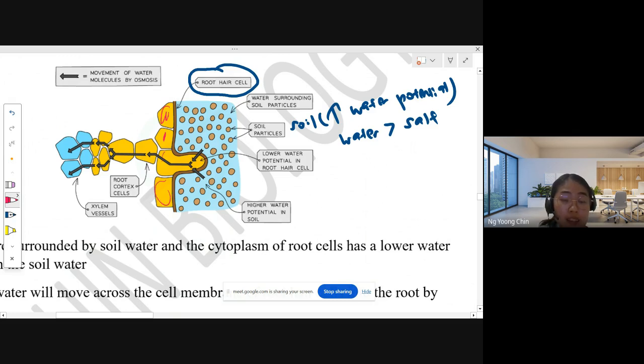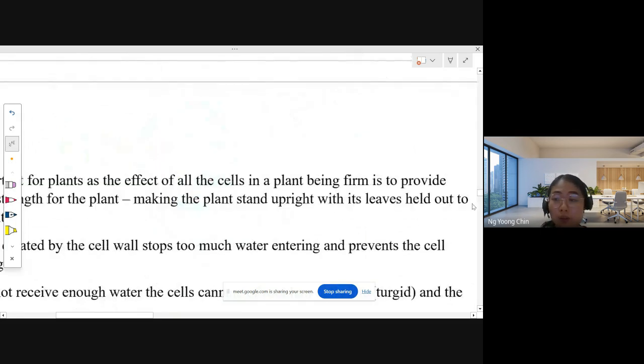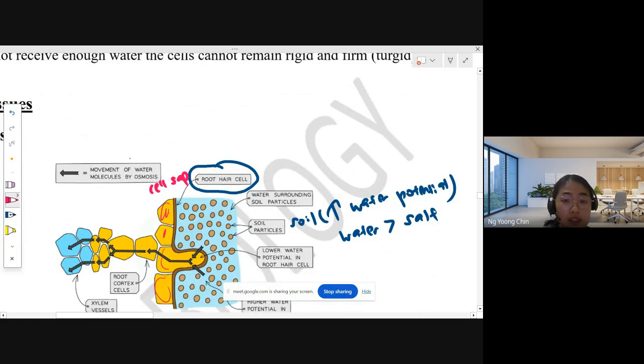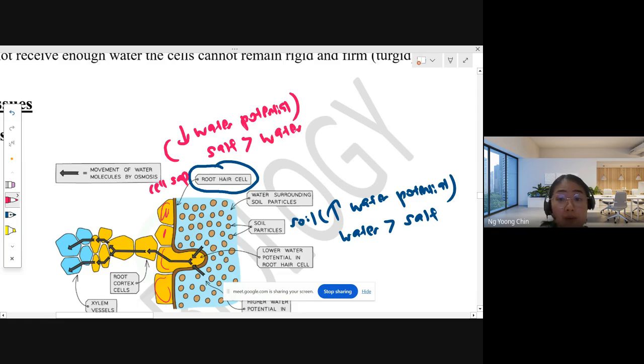The cell sap of the root hair cell contains lower water potential. They have lower water potential. That means the salt is higher than water. The concentration of salt will be higher than water in the cell sap of the root hair cell.